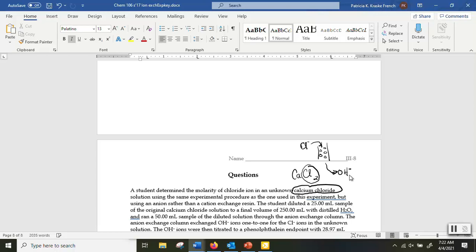You will then find the number of moles of hydroxide, the same way we found the moles of hydrogen, which would give you the moles of chloride. But now comes the twist. We want to find the moles of calcium chloride. So think about that. Is this 1-to-1?